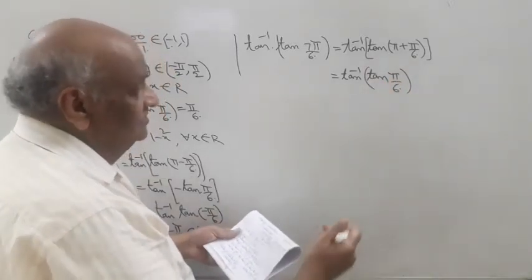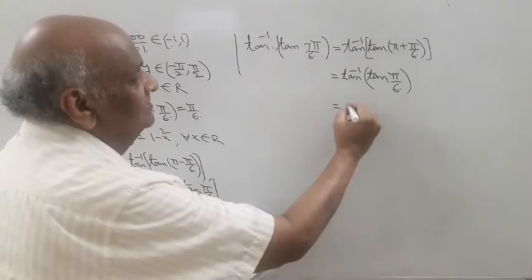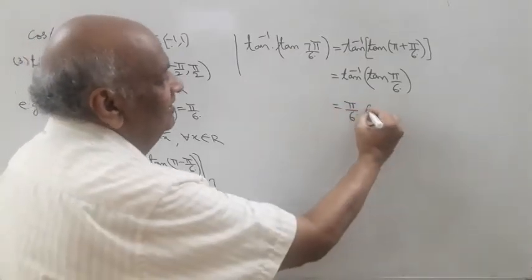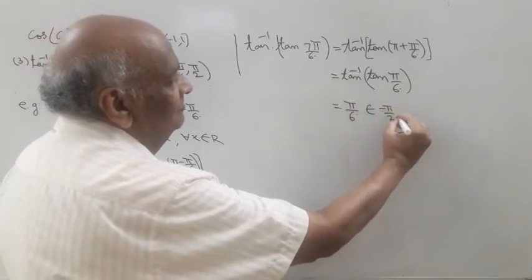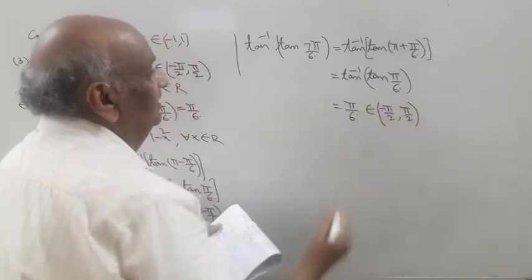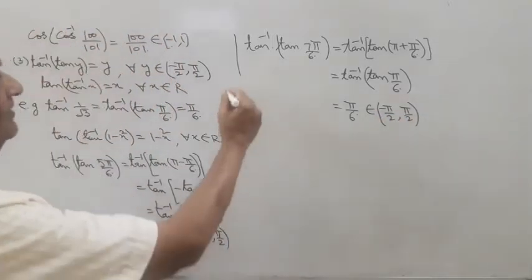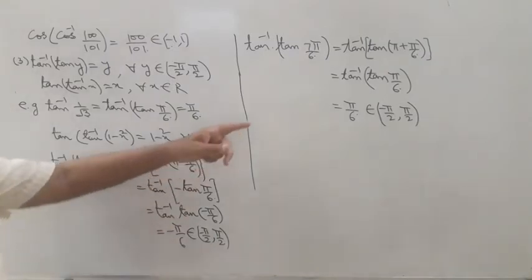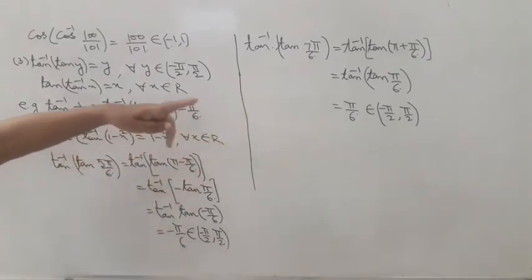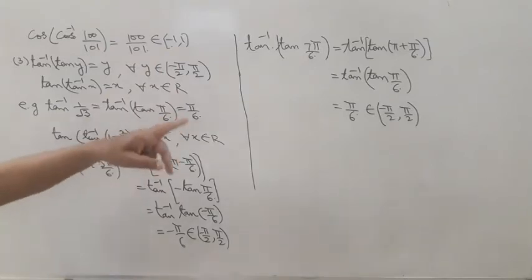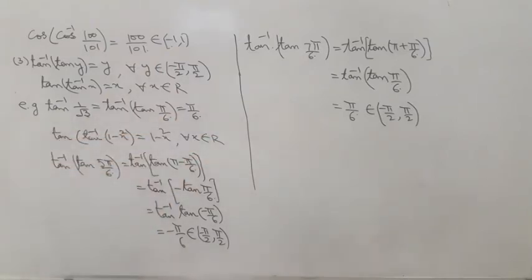That is equal to just pi by 6. It's a member again of the branch minus pi by 2 to pi by 2 open interval. So in this way, you can make it clear that whenever we evaluate the value, we have to check whether the value is a member of the principal value branch or not.